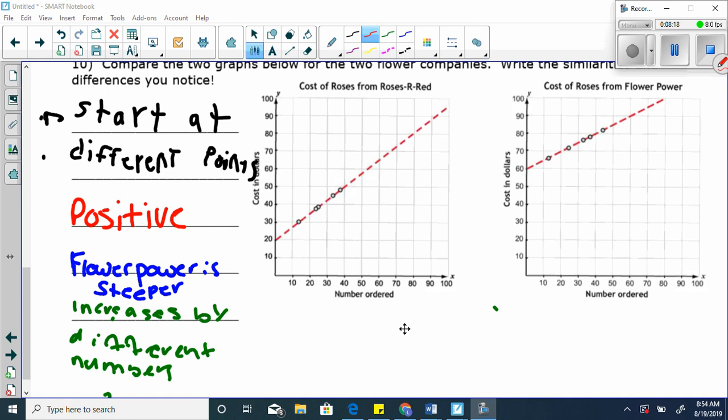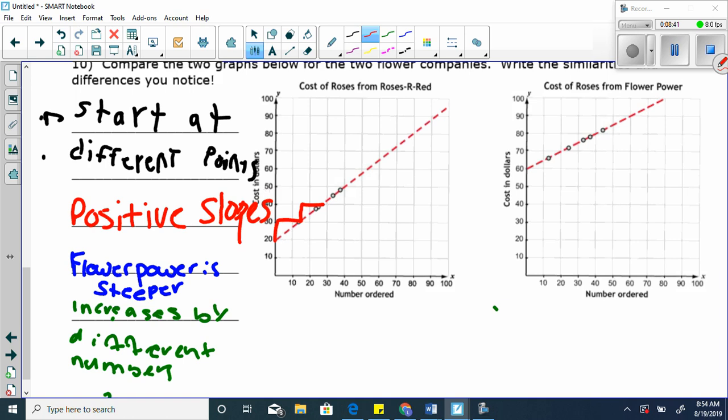You know what slope is? You'll kind of remember it as staircases. Does anyone remember that? Stairs. So they do have different slopes, and that's kind of what we said in green here, right? They increase by different numbers.